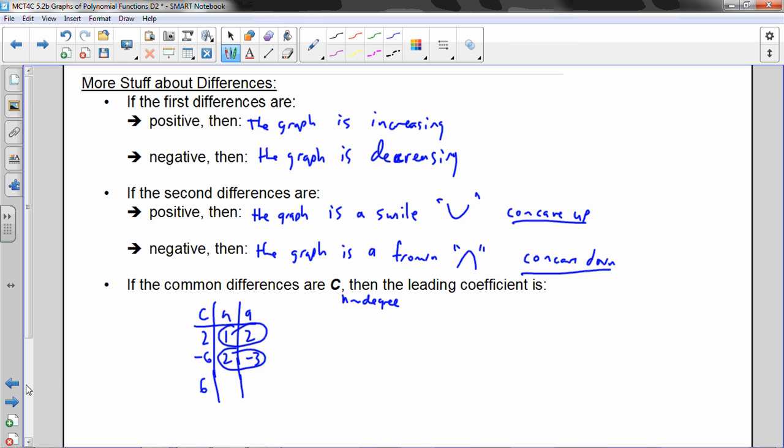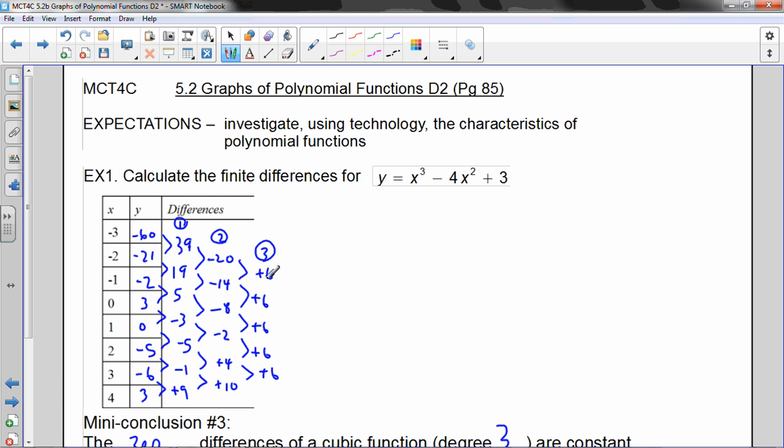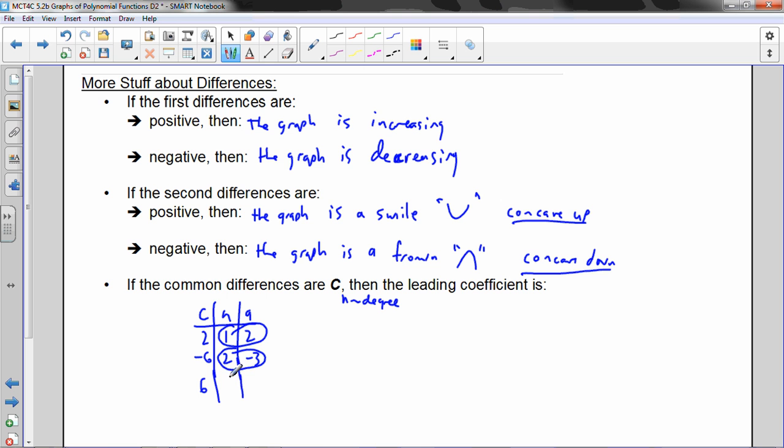But then the next one, the one from the lesson, kind of spoils it. C was 6. Common differences were 6. But n was 3, and a was, I think it was just 1. So we would have guessed that the common difference is 3, but it's 6. That's why there's this other little tiny formula. Okay? It's n factorial times a, where n is the degree, and a is the leading coefficient.